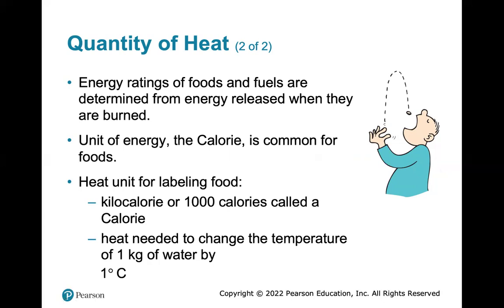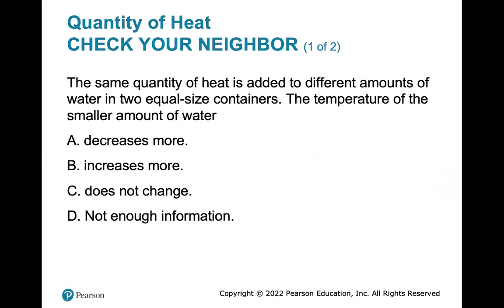It's the heat needed to change the temperature of 1 kilogram of water by 1 degree C. A calorie just raises a gram of water. Well, 1 kilogram is 1,000 grams of water. So it takes 1,000 calories or 1 kilocalorie to raise 1 kilogram of water by 1 degree.